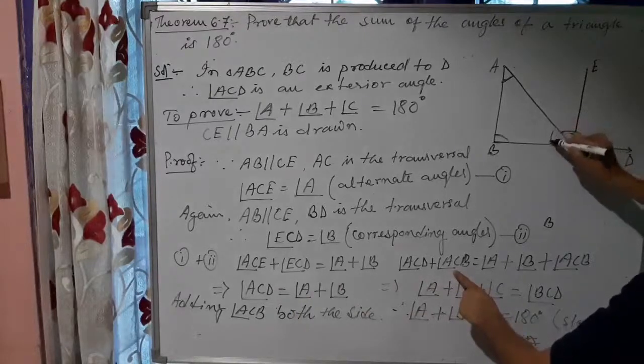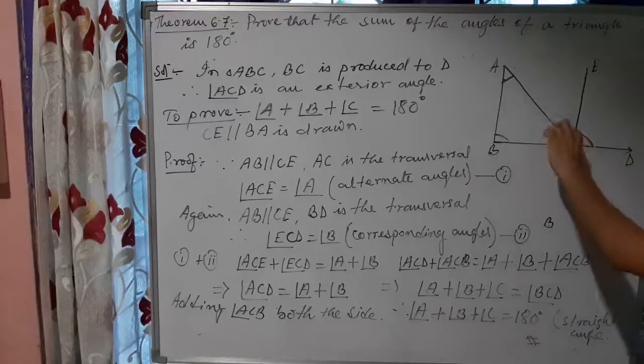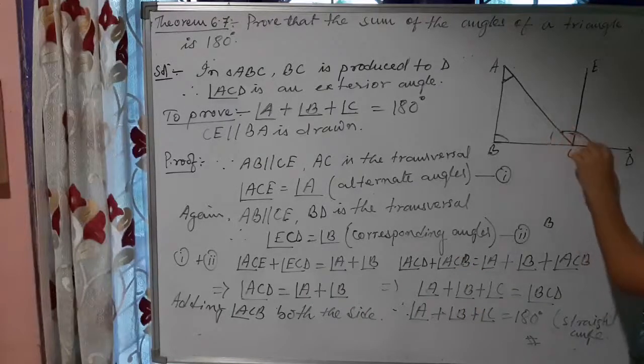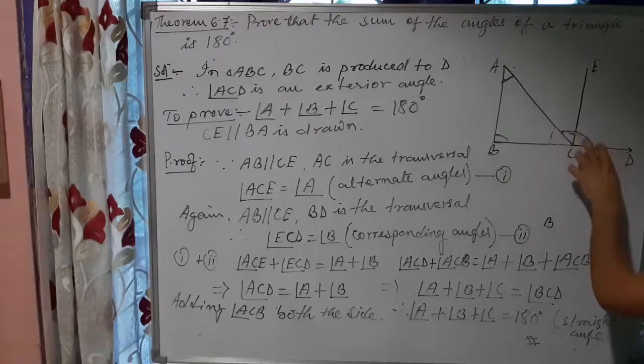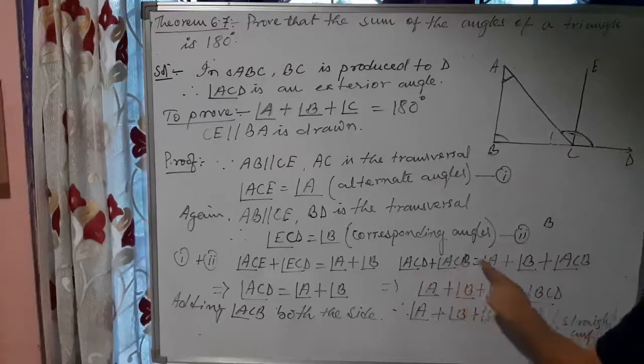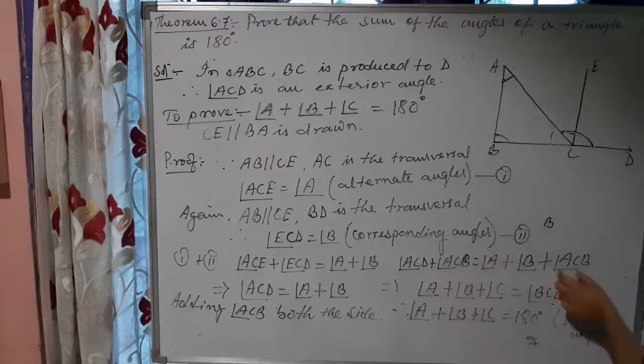ACD plus ACB is this angle. If you add this one and this one, the whole angle is BCD, and that is a straight angle, which will be 180 degrees. So we have added this angle ACB here and here also ACB.